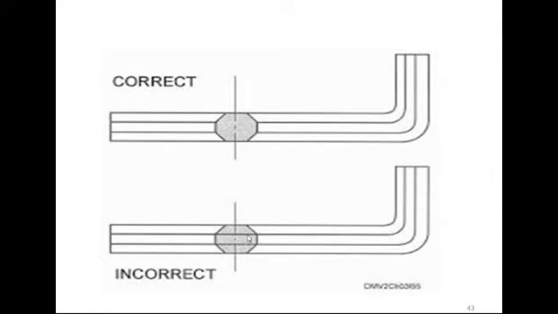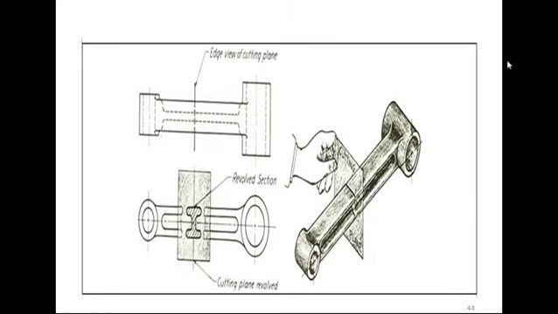So this is the correct method and this is the wrong method, because we have shown the continuous line of this object, which must not be shown here. These lines are there because this is a hexagonal bar.